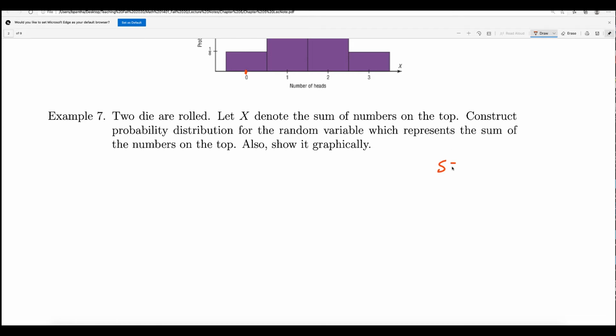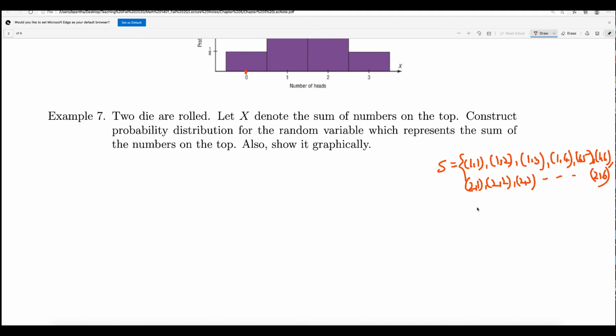So the sample space will be 1 1, 1 2, 1 3, 1 4, 1 5, and then 1 6. And then similarly the first die can be 2 and the second die can be 1, 2 2, 2 3, and then up to 2 6.